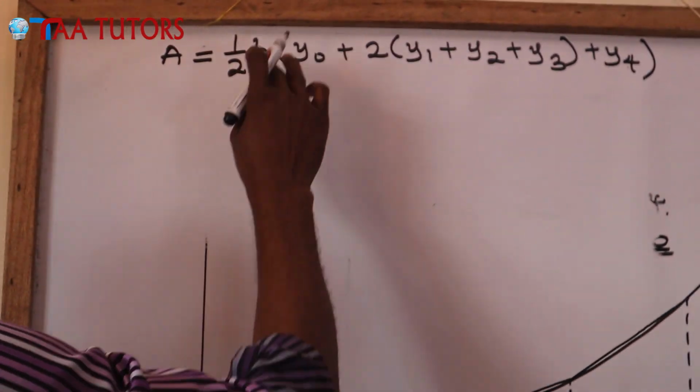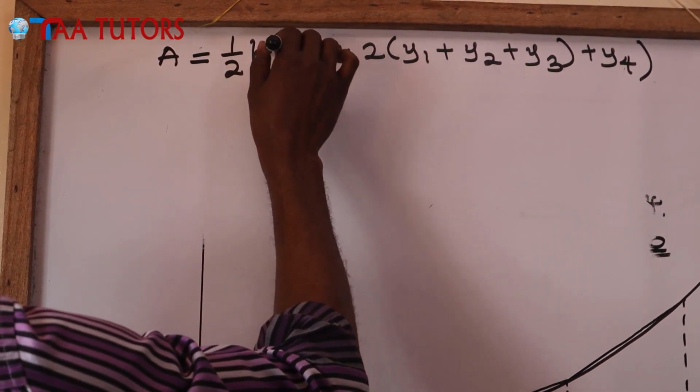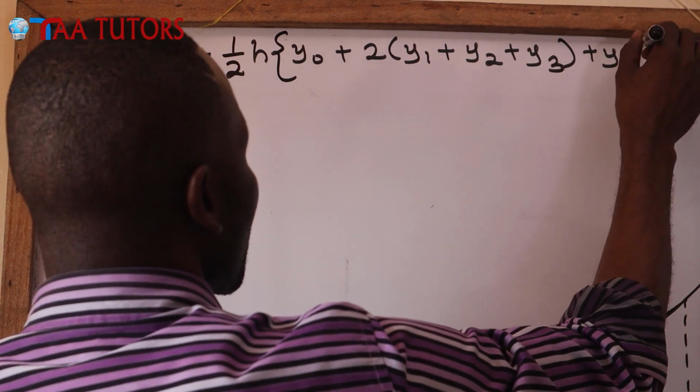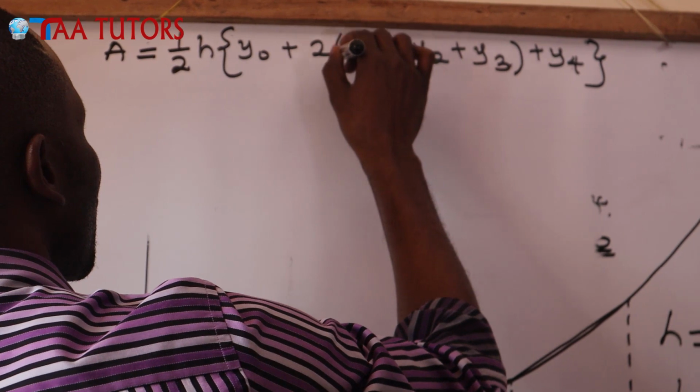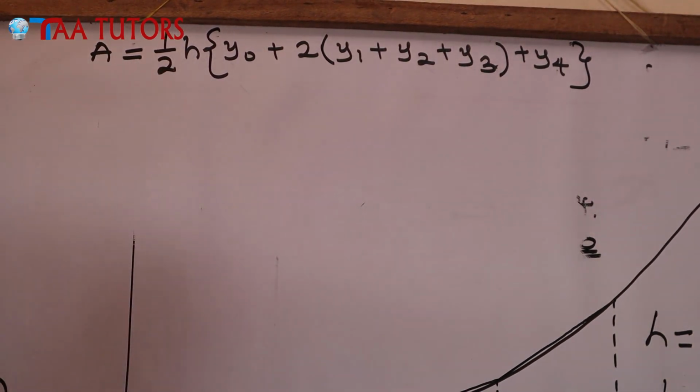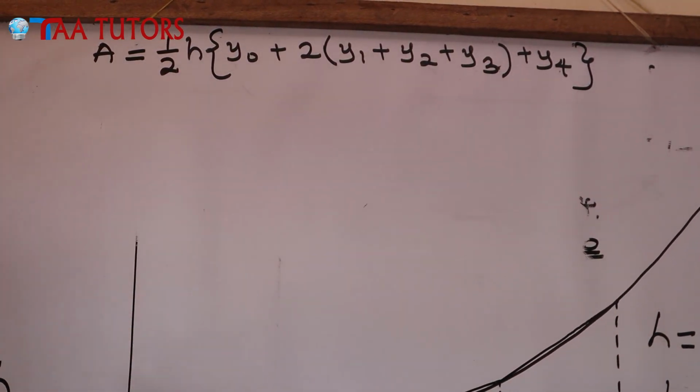Let me use a different bracket here to show that these brackets are not the same, because there are two levels of bracket that we have here, the inner bracket and the outer bracket. Now viewers, this is the trapezium rule.